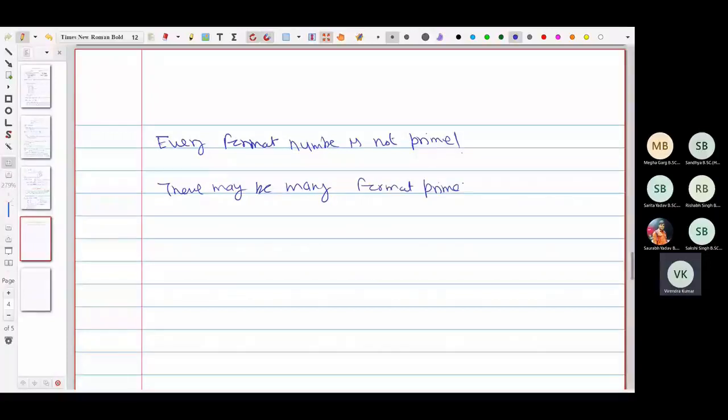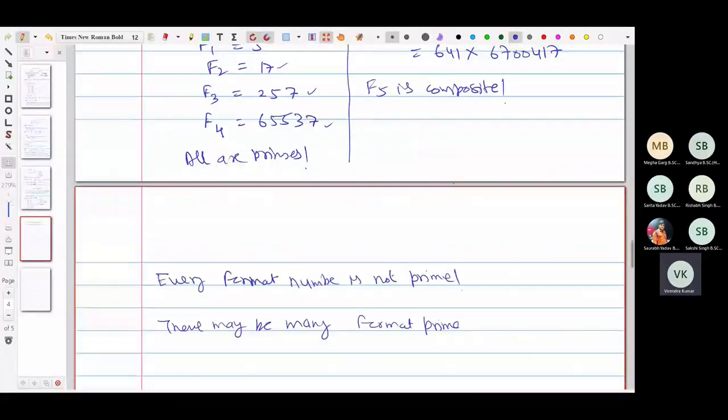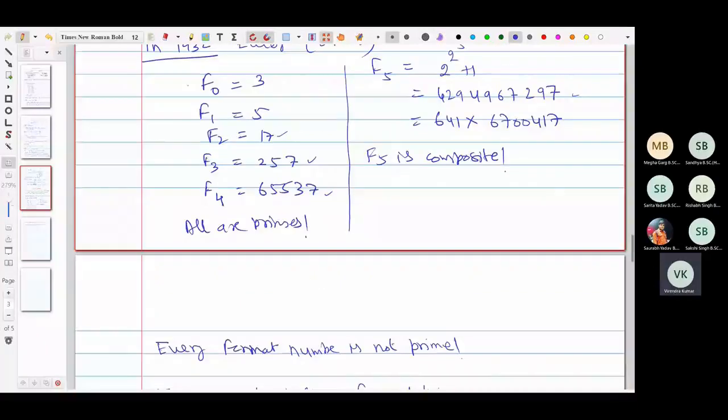F0, F1, F2, F3, and F4 turned out to be primes. So therefore they are called Fermat primes. Okay, F5 is not a Fermat prime, and in general Fn is called a Fermat number.